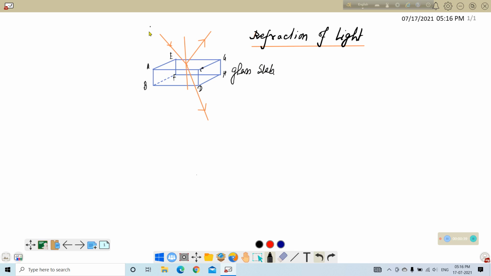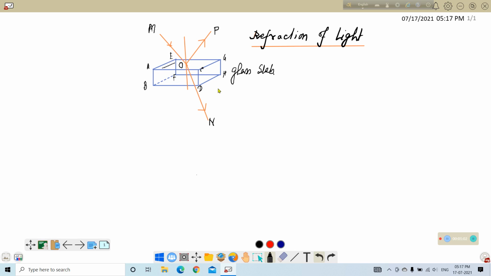And a light ray MO is incident on the upper surface, that means this surface of this glass slab.